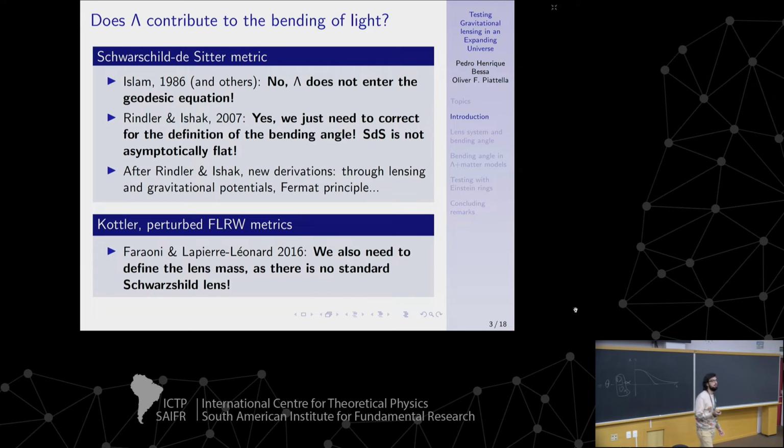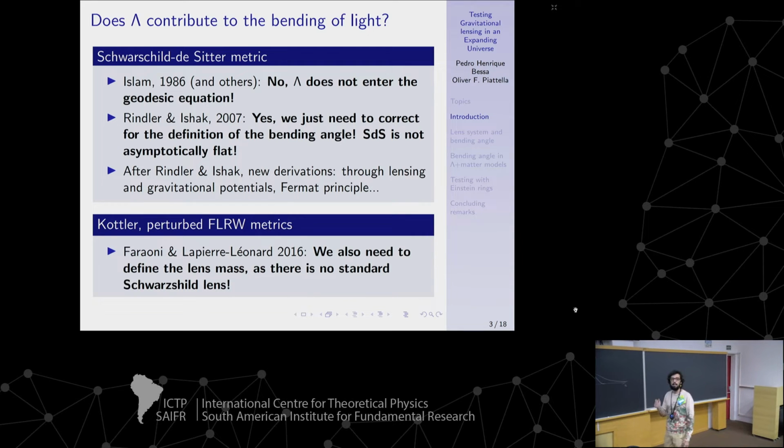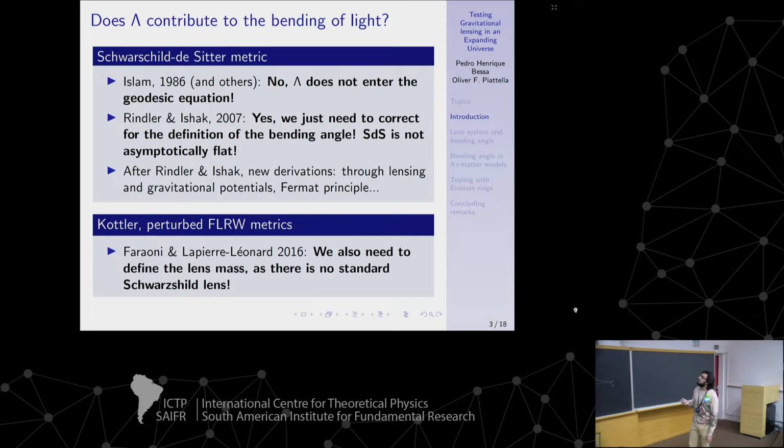So the asymptotic direction in which you're measuring your bending angle is not well defined as it is in Robertson-Walker metrics, perturbative Robertson-Walker metrics or Schwarzschild metrics. So they say, yes, actually lambda does affect the bending angle, not only through the angular diameter distances, but you need to define the bending angle properly. And they derived a correction, which I'll soon show you.